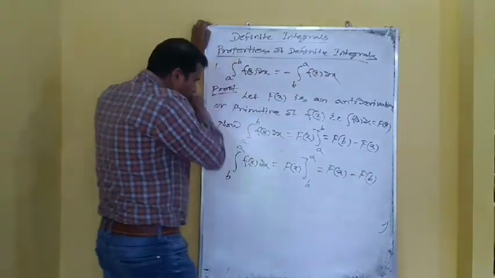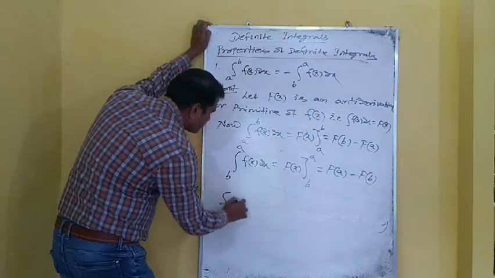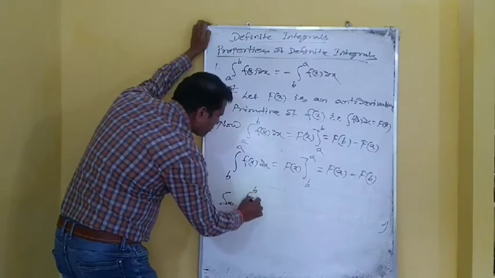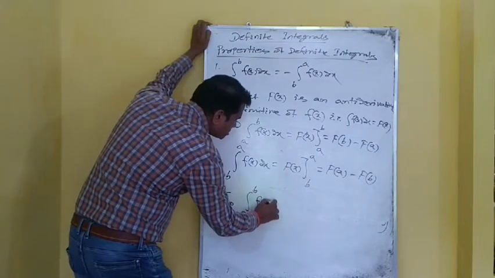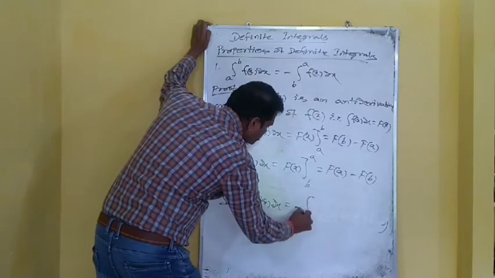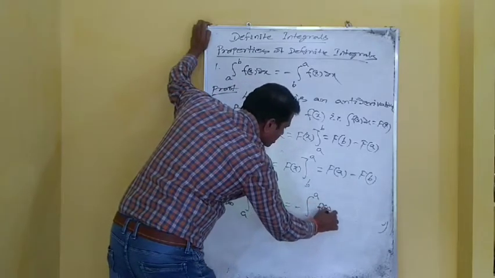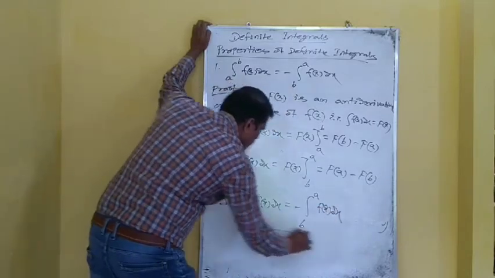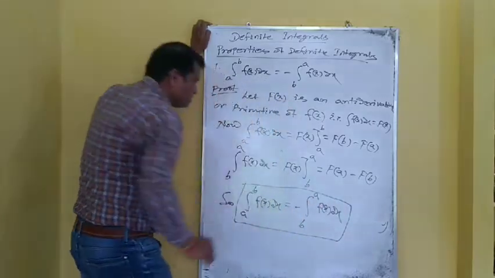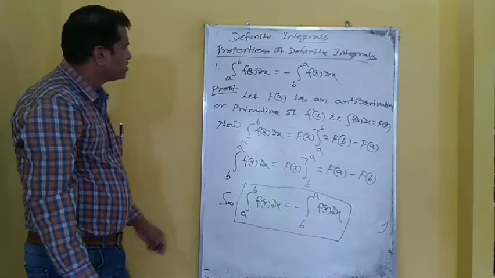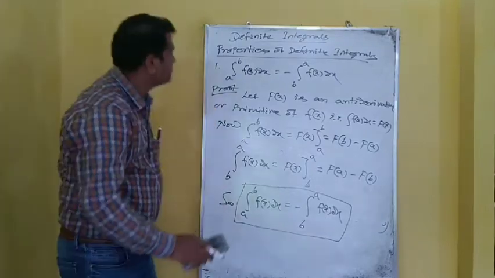So the integral from a to b of f of x dx equals minus the integral from b to a of f of x dx. Remember. Next we discuss the second property.